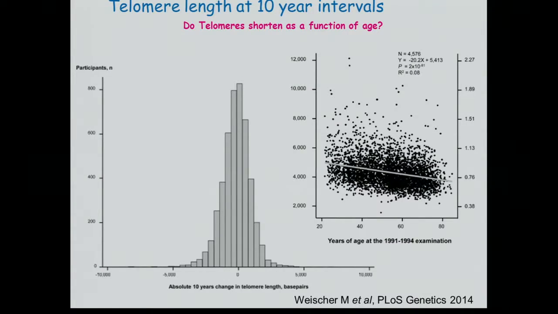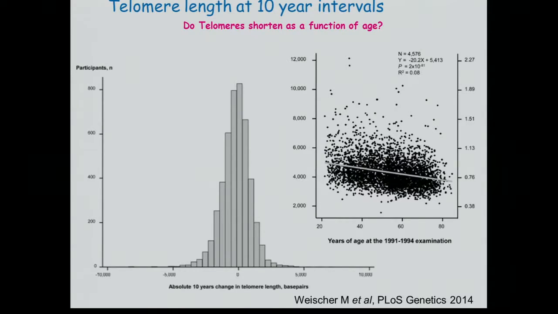But I think the most interesting is this paper here that actually followed 10,000 people in the Netherlands, and they measured the telomeres 10 years apart. Okay, so this is the first longitudinal study in which they took one person and measured his or her telomeres 10 years after. And this is the result. You can see that in about half of the people the telomeres got elongated, and in half of the people the telomeres got shortened.